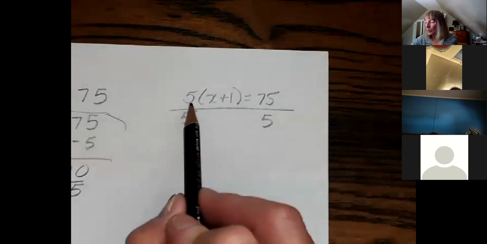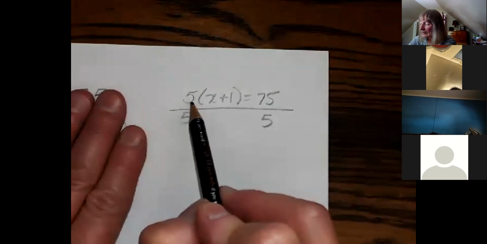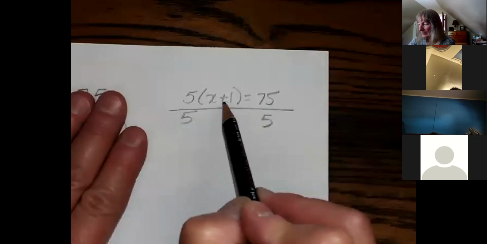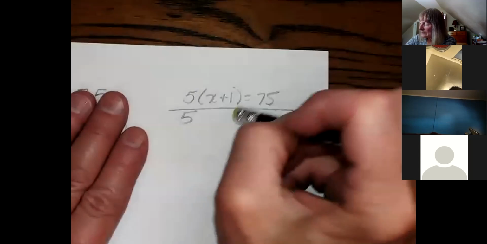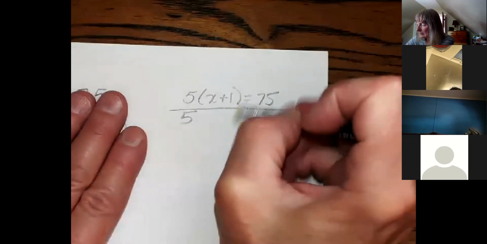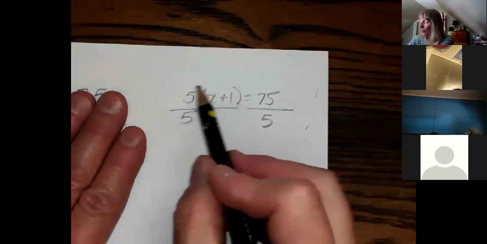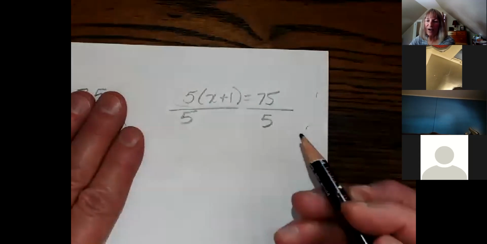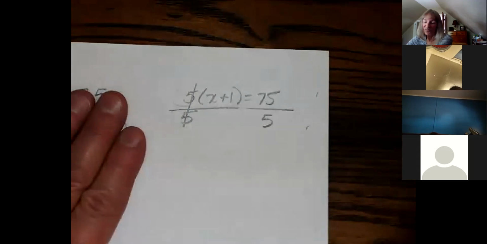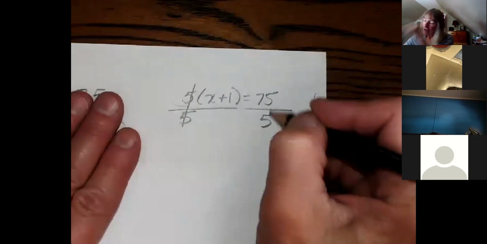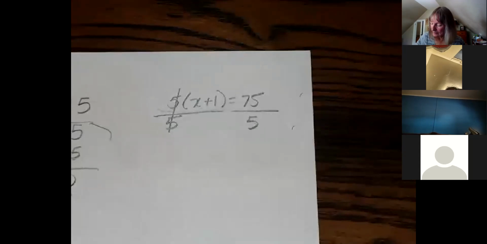Okay. So this here, 5 times x plus 1, since it's all multiplication, when I divide, this whole thing can be divided by 5, and 5 divided by 5 is 1. 75 divided by 5 comes out to be 15.